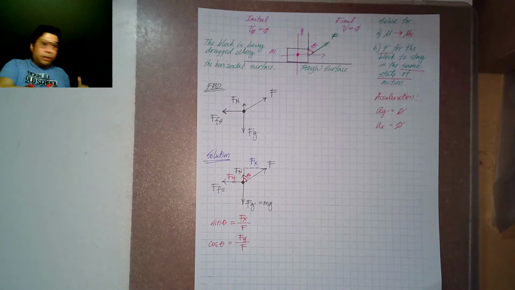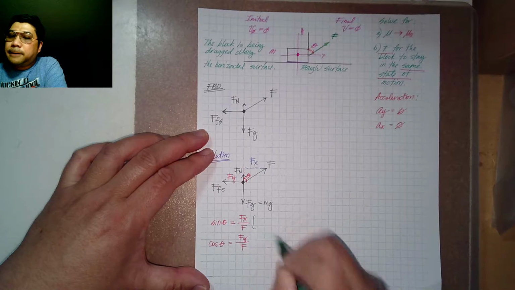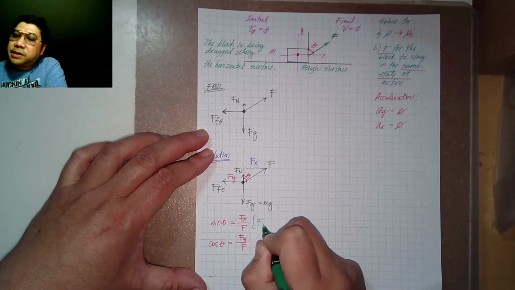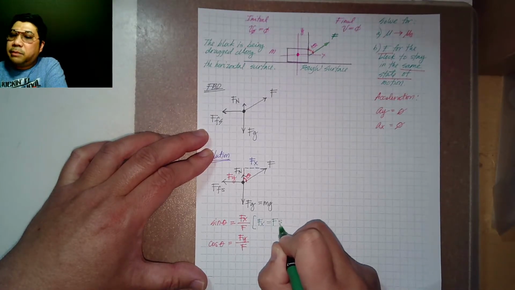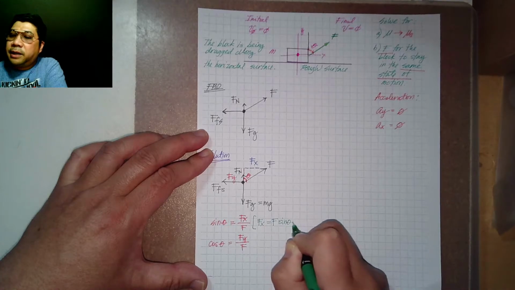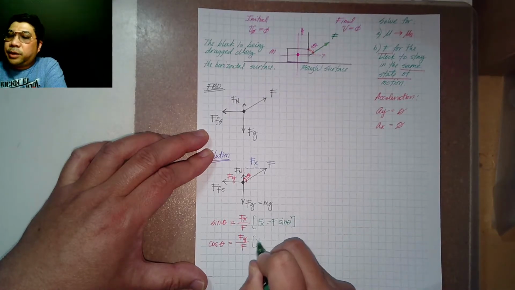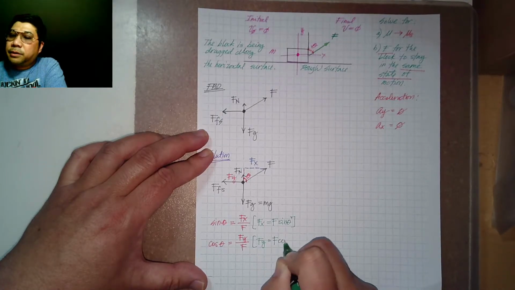Now, if I simplify this further, I can say that my Fx is simply F, but this time instead of cosine theta, it's sine theta. Likewise, our y component would be F cosine theta.